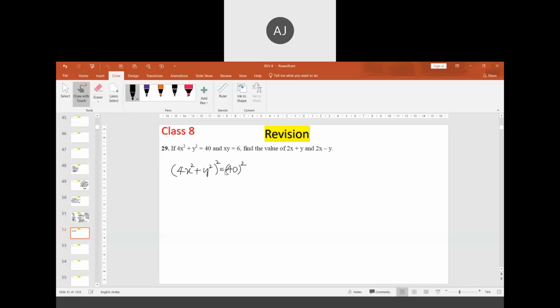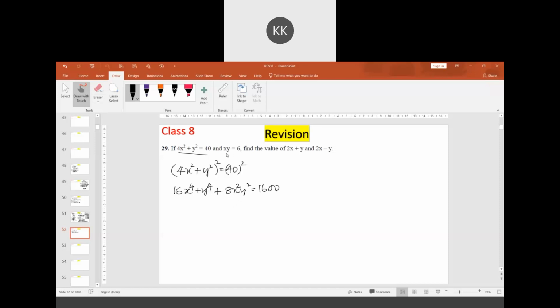You are telling to square on both sides. If we do that, this will become 16x to the power 4 plus y to the power 4 plus 4x square y equal to 1600. We can write 4x square as 2x whole square, plus 8 times x square y square equal to 1600.